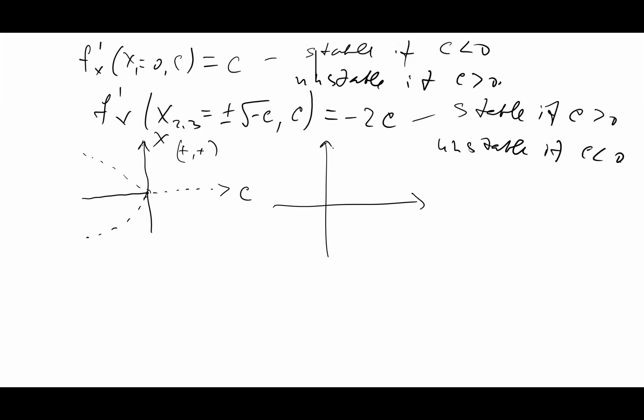Next case, which is say minus plus, it will look like this here: unstable, stable, unstable. Third case is minus, plus minus: stable, unstable, stable.